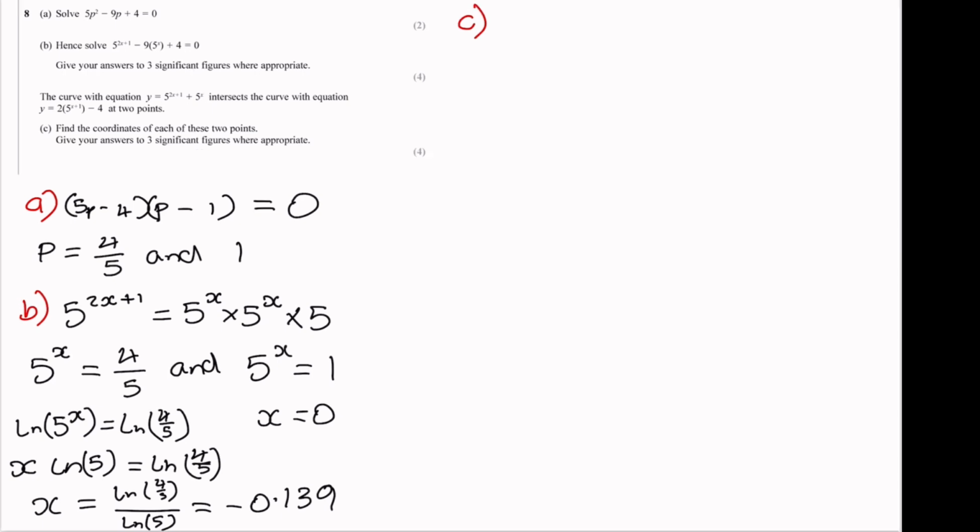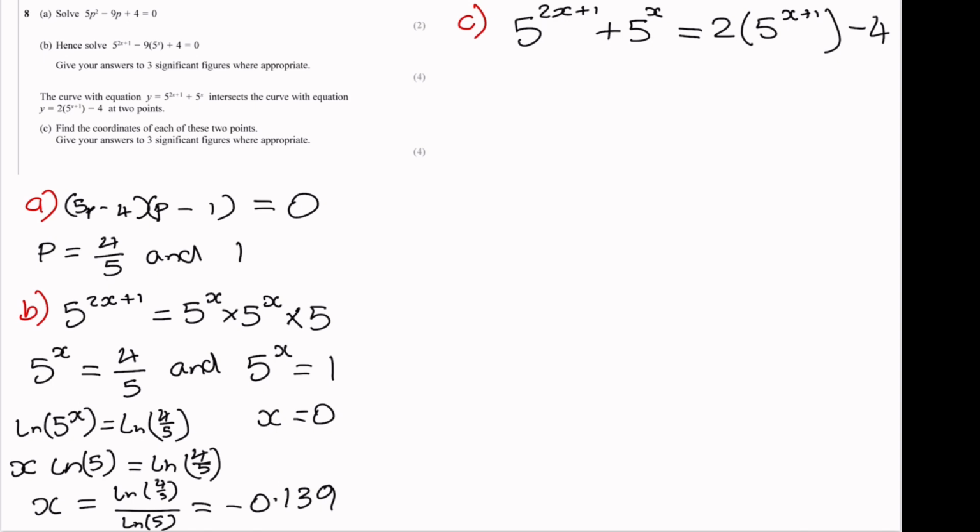So we can put 5 to the power of 2x plus 1 plus 5 to the power of x equal to the other curve, which is 2, 5 to the power of x plus 1 minus 4. And try to solve this.